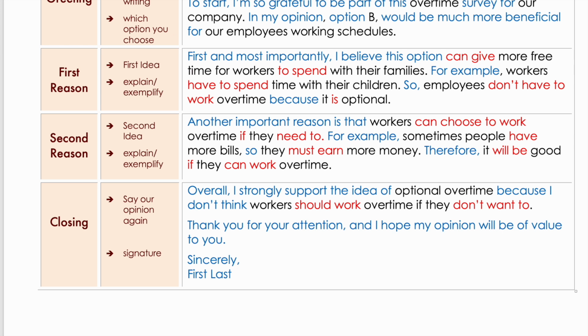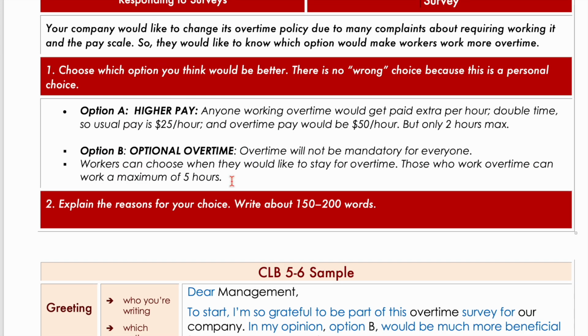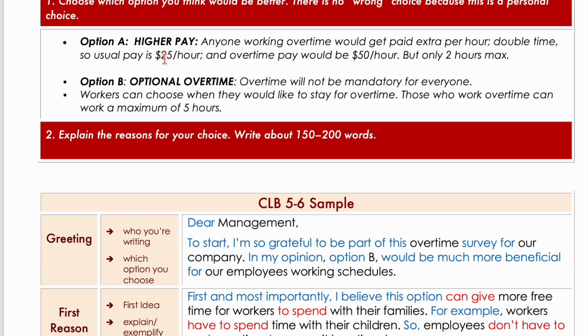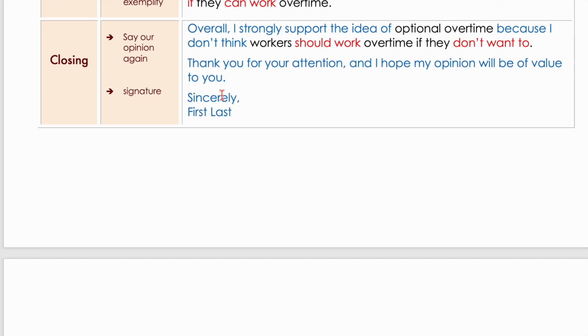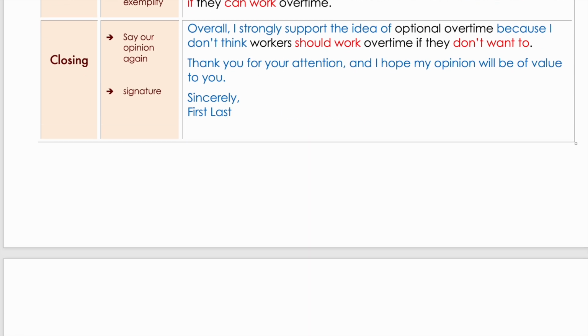And how many words are here? Well, it doesn't say, but I remember that it was 145 or 148.